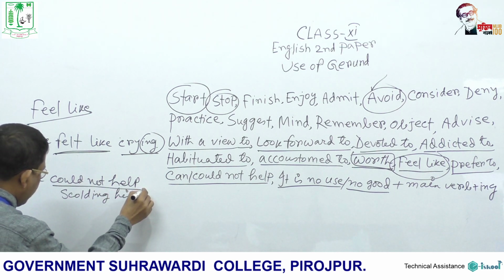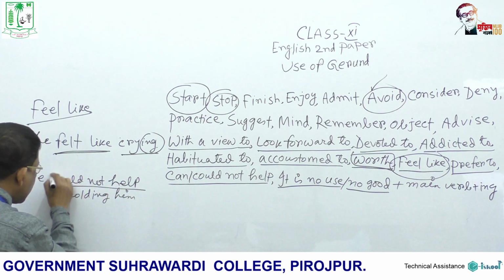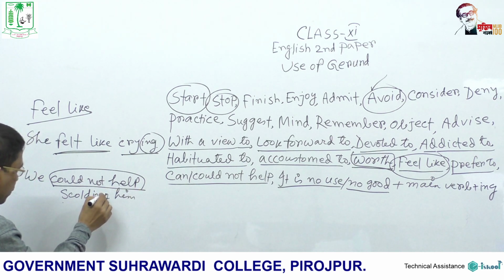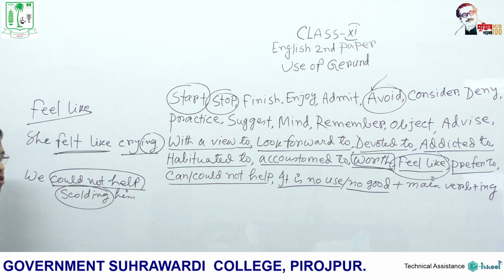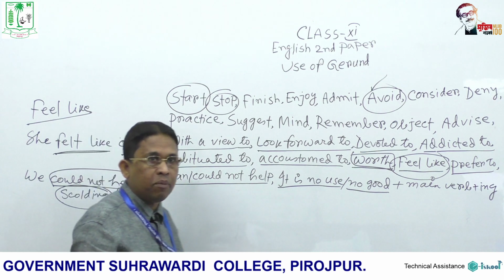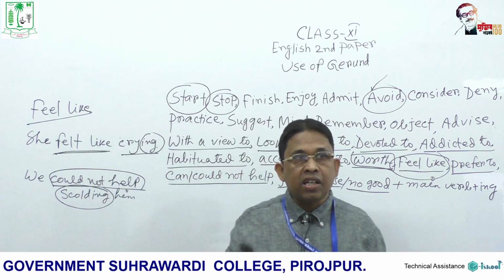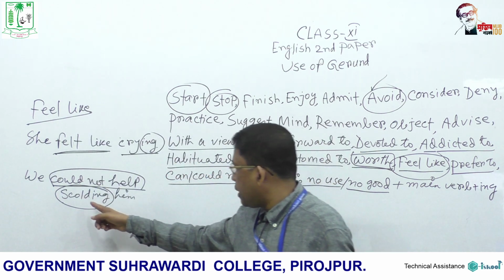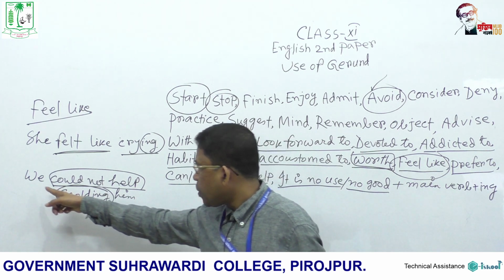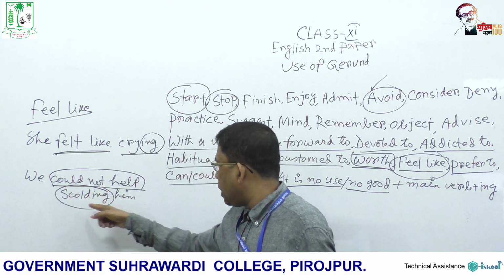That is could not help. Scolding. Notice here. We could not help scolding. After cannot or could not help, we have to use the gerund. That is, I have used here scolding. If you use "we could not help scold him", that is wrong.